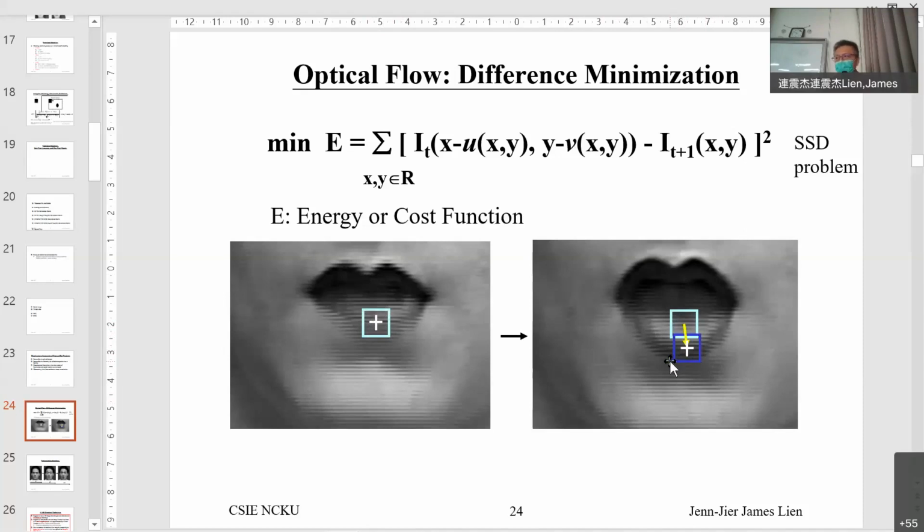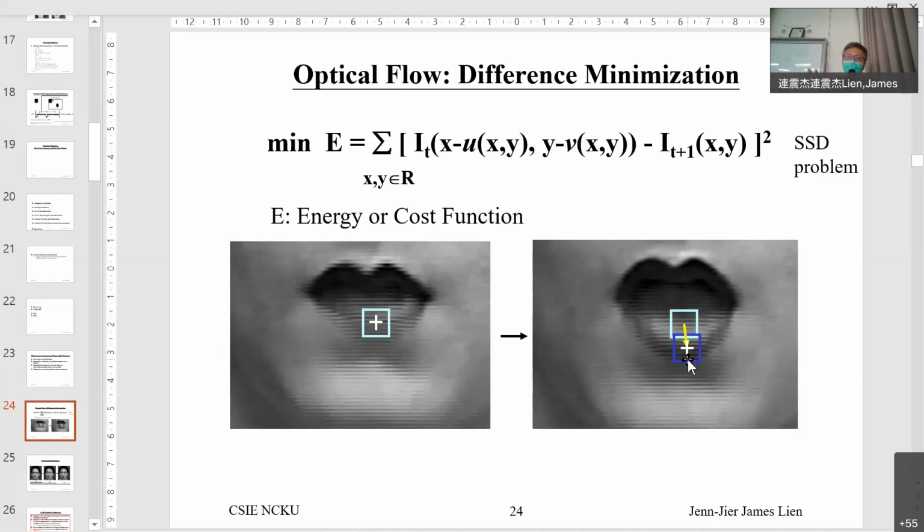Before, what we taught you is NCC, normalized cross correlation, right? So you have a search range, and you find the best match. That's a 2D search.